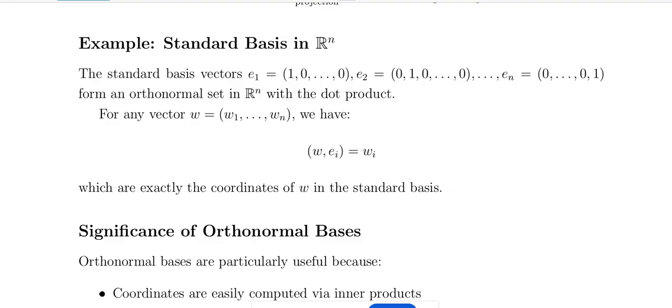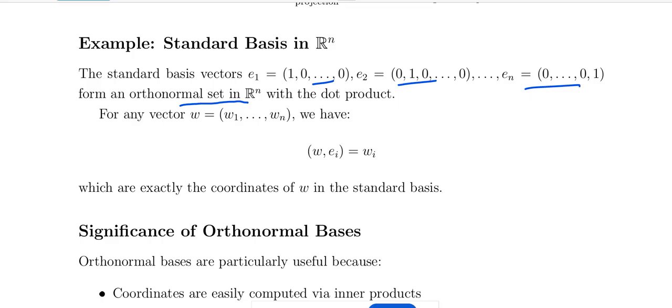An example is the standard basis in R power n. The standard basis of R power n, that is called e1 equal to 1, 0, 0, and so on. This is the standard basis. The first one, the second position one, and the nth position one form an orthonormal set in R power n with the dot product.